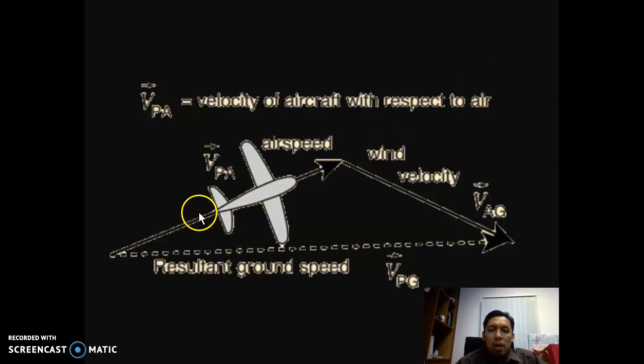It will be drifting. So instead of going this way, the aeroplane actually moves this way, because it has resistance from the wind.